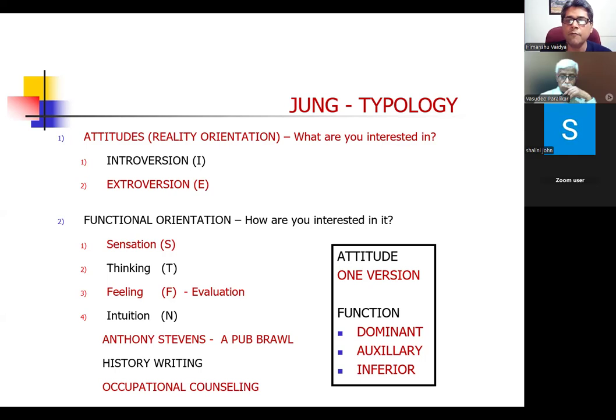So there will be one group of people who are very driven by the sensations, the physical aspect of things. And I will give an example to make it easy. There is one group which is more interested in the physical aspect of things. There is a second group which is more interested in thinking about things.